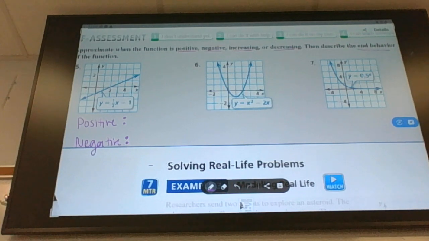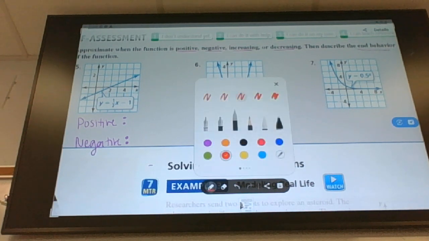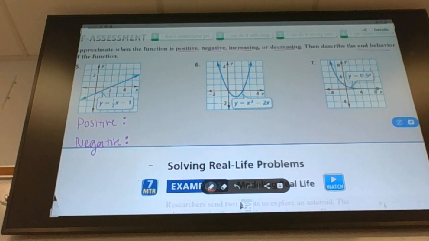Alright, so you want to look at the green or pink paper. What does positive mean? It's above the x-axis. Above, so where it's red is above. How do you describe that? Greater than 2.